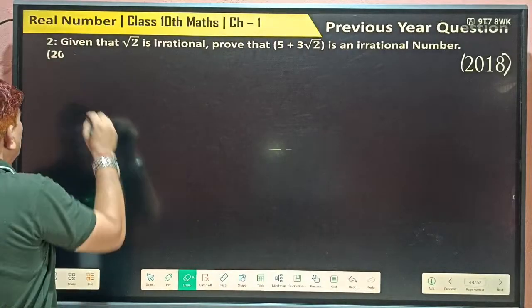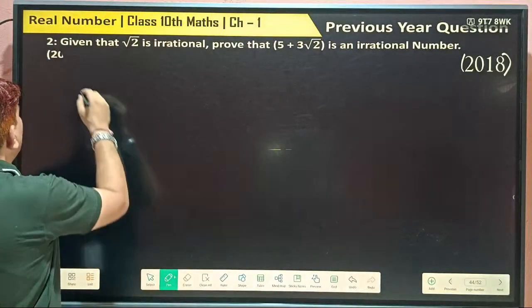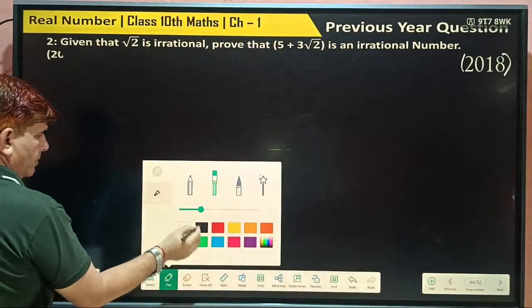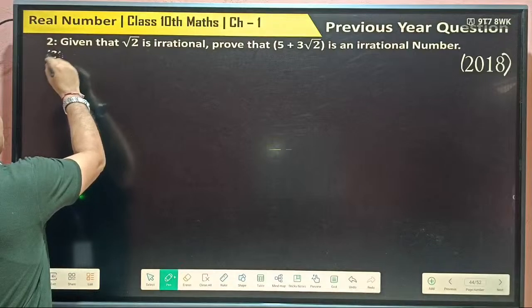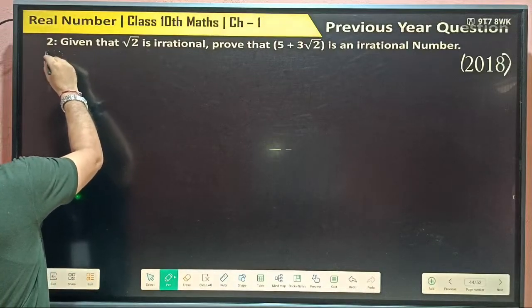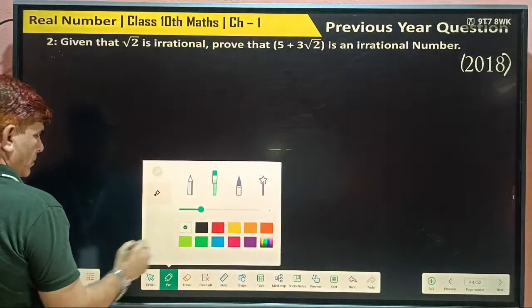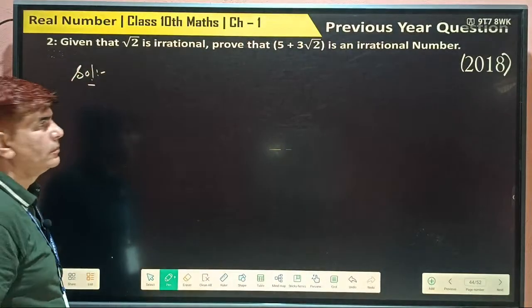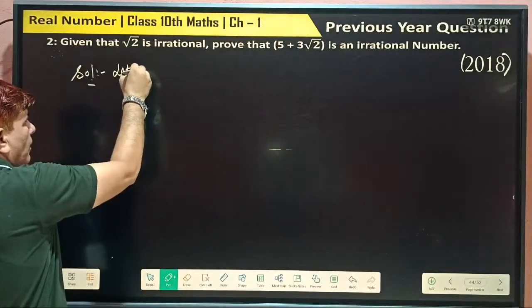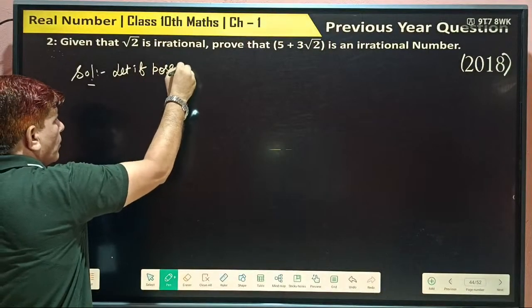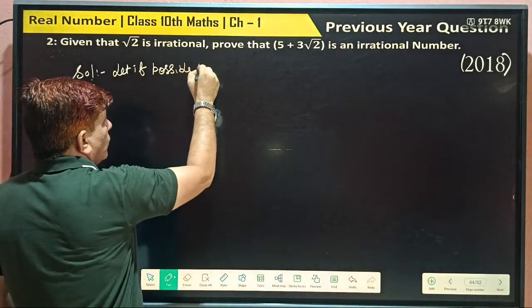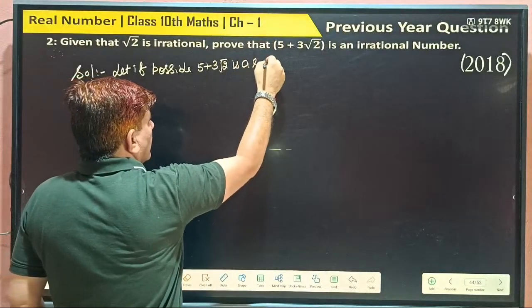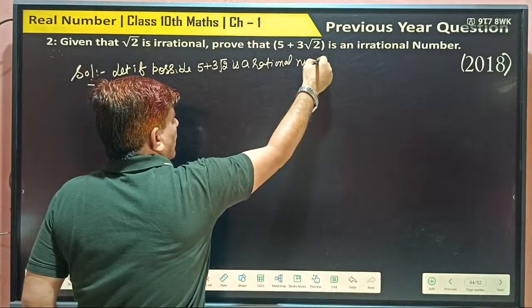So, solution. Let, if possible, 5 plus 3 root 2 be a rational number.